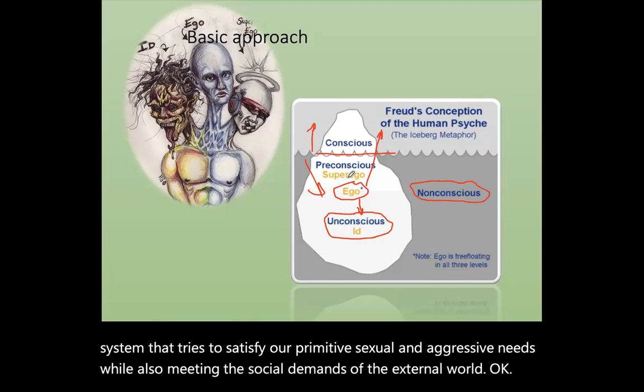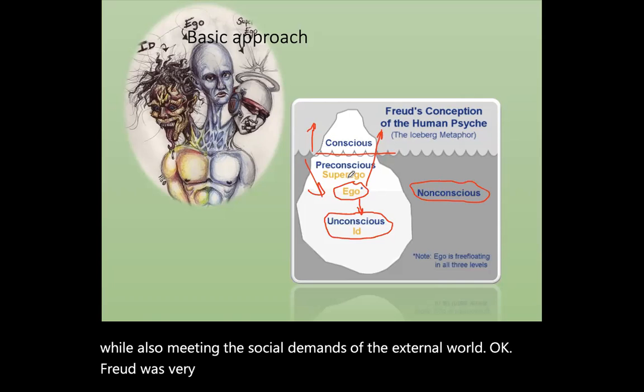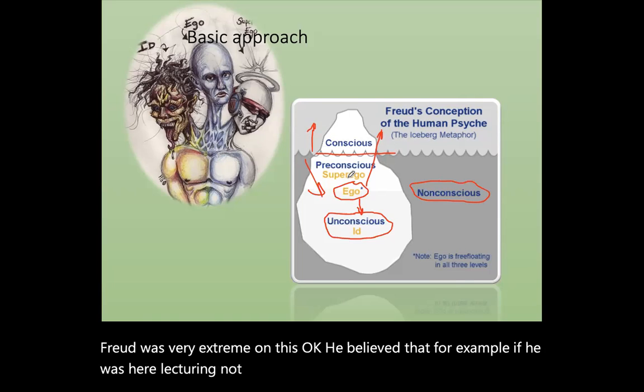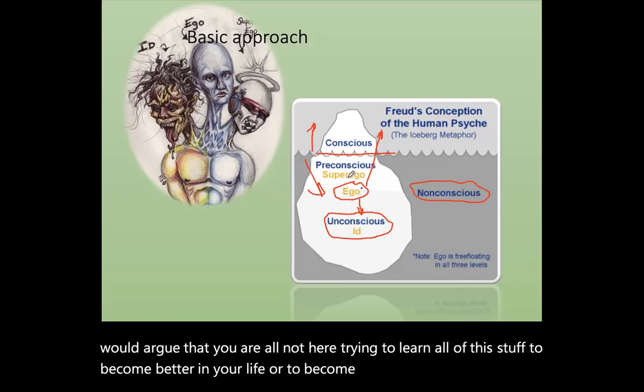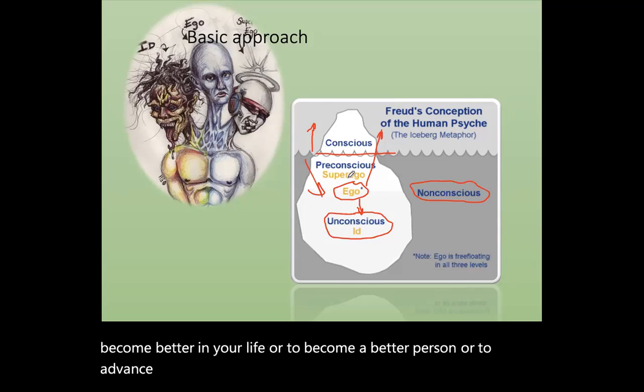Now, Freud was very extreme on this, okay? He believed that, for example, if Sigmund Freud was here lecturing, not me, he would argue that you are all not here trying to learn all of this stuff to become better in your life or to become a better person or to advance your career. You're not there taking notes and trying to be impressive.